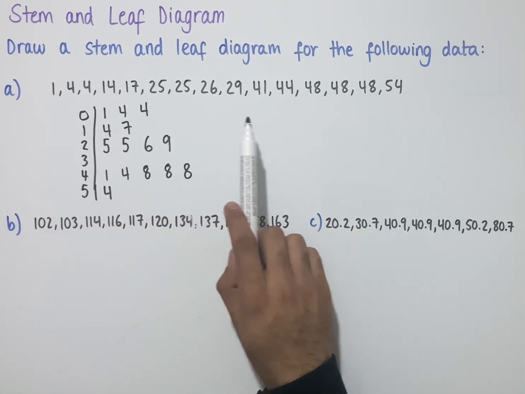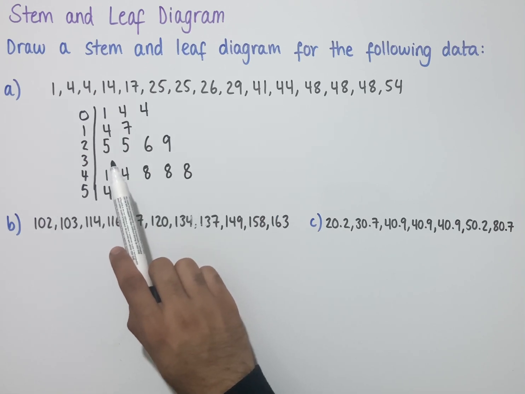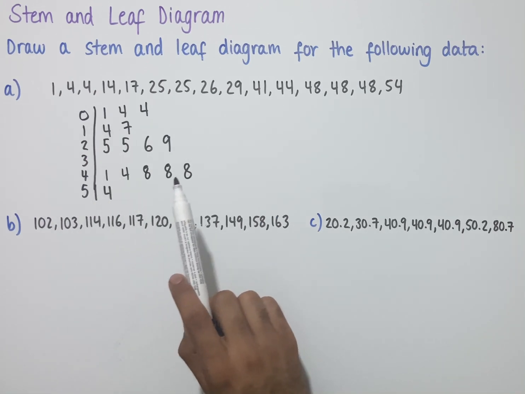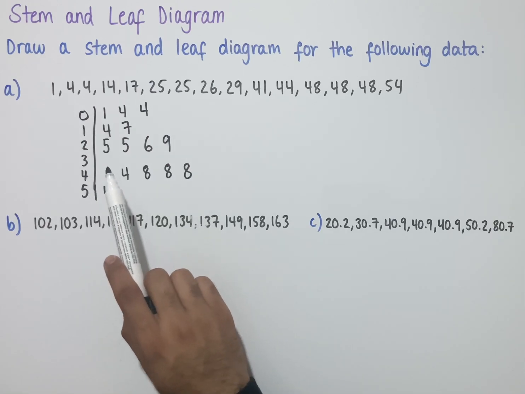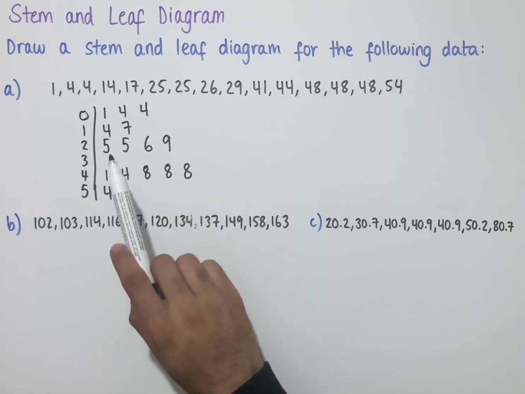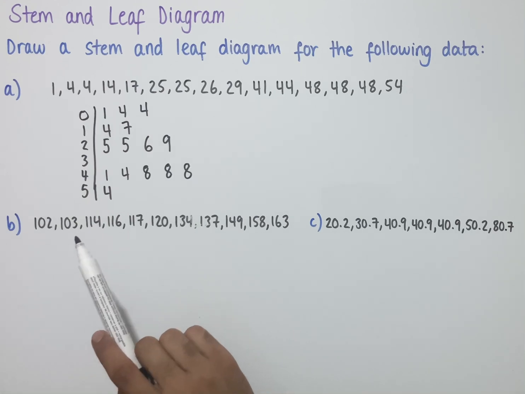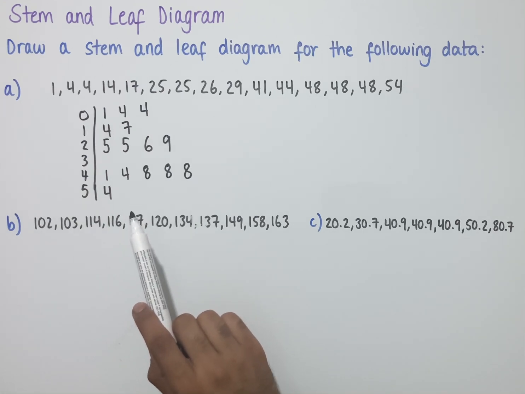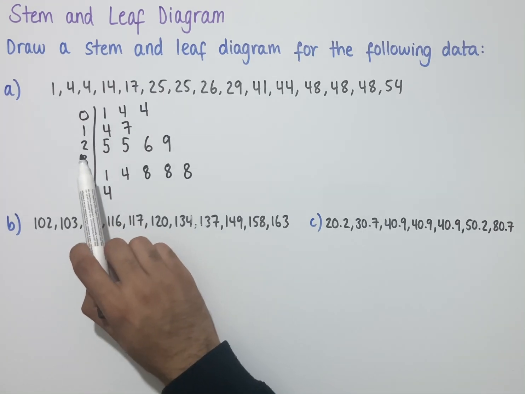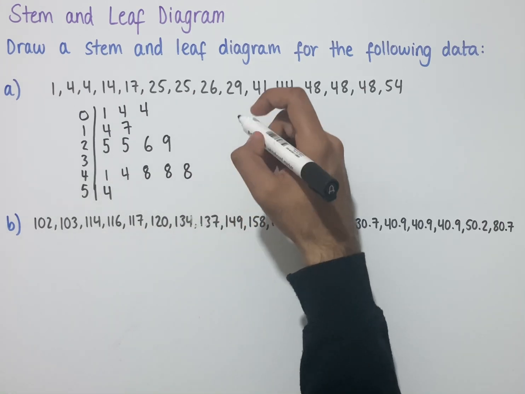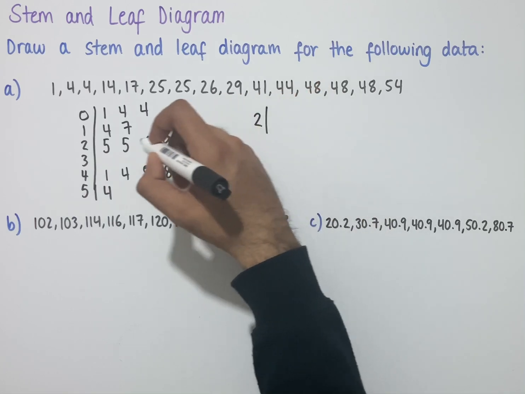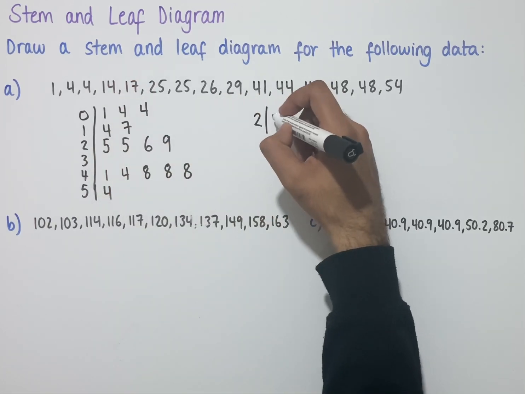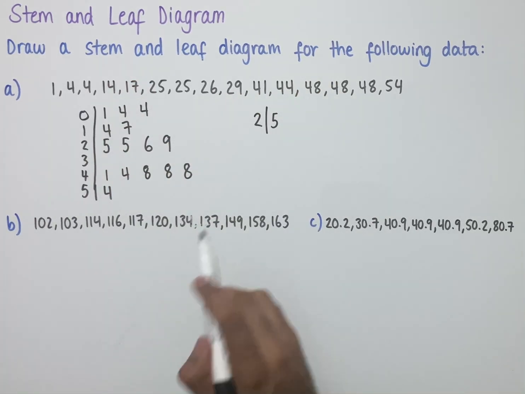Now that we have written all of the numbers into the stem and leaf diagram, we finish off by writing a key. A key explains how we read a number off of the stem and leaf diagram. We can choose any number we like, and all we need to do is explain what the number means. So in this case, if I choose 25, I would write 2, which is in the stem, a line to represent the stem and leaf separation, and then a 5 to indicate the units.